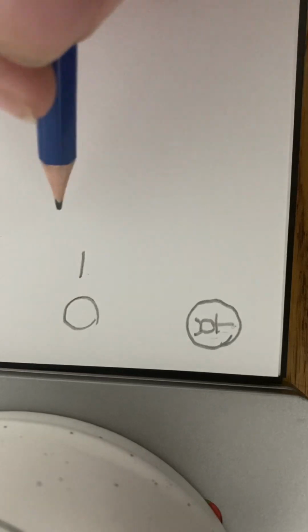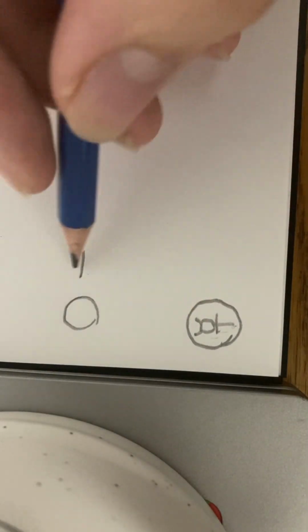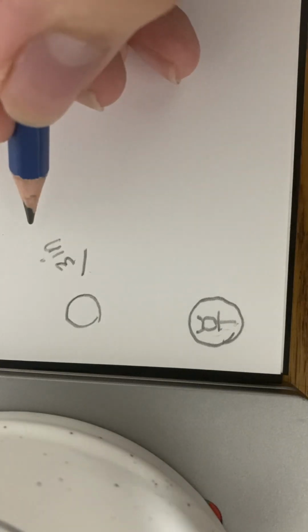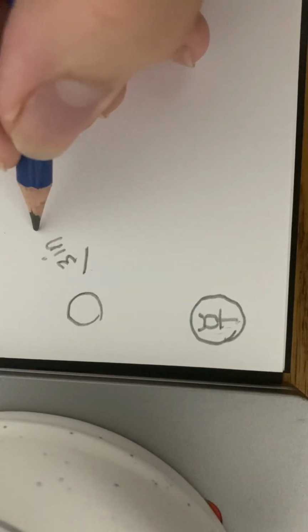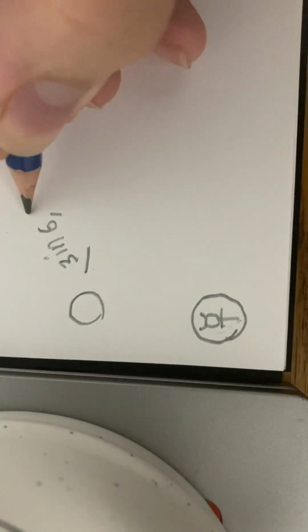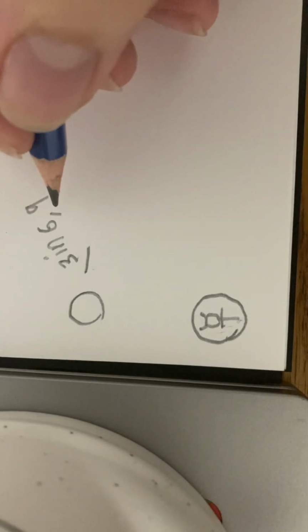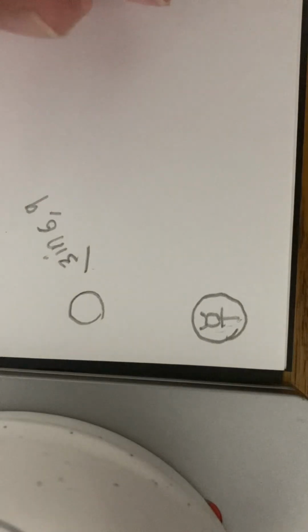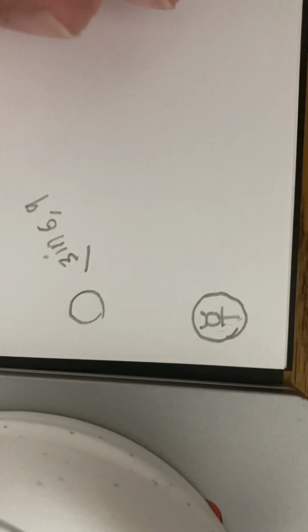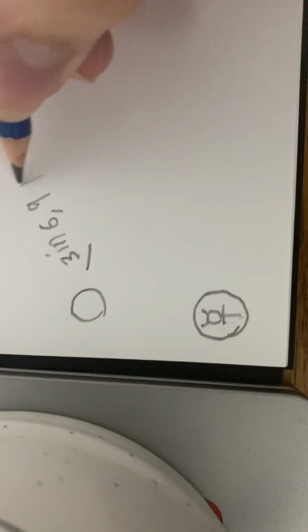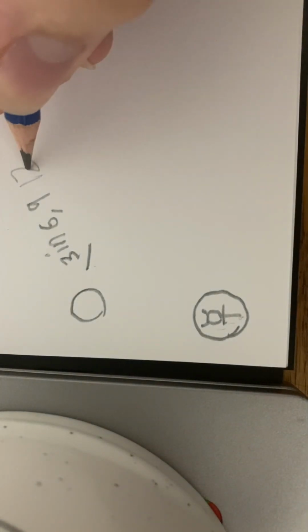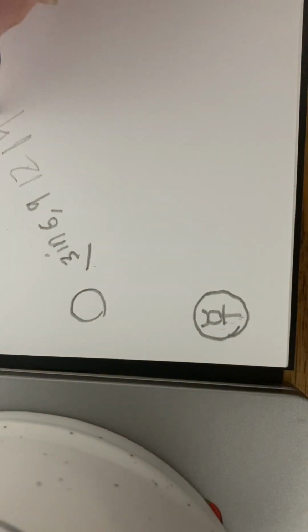What you're going to want to do is these lines. These lines will always be 3 inches, or 6 or 9, or, sorry for that pause, or 12 or 14 or so on.